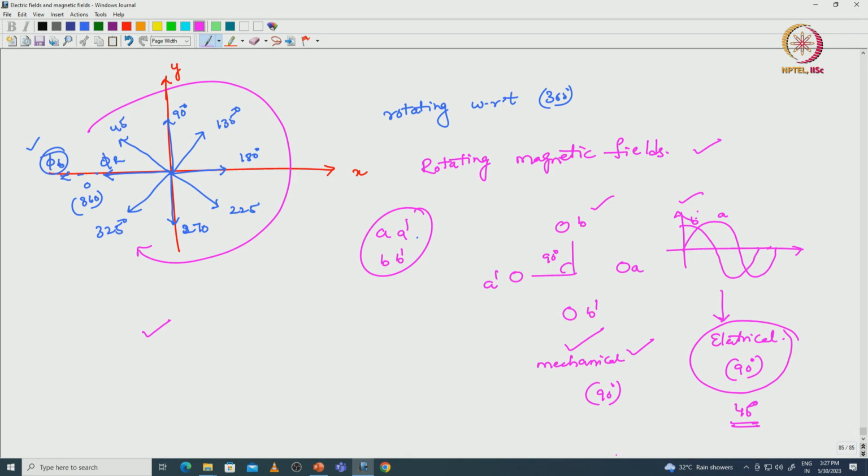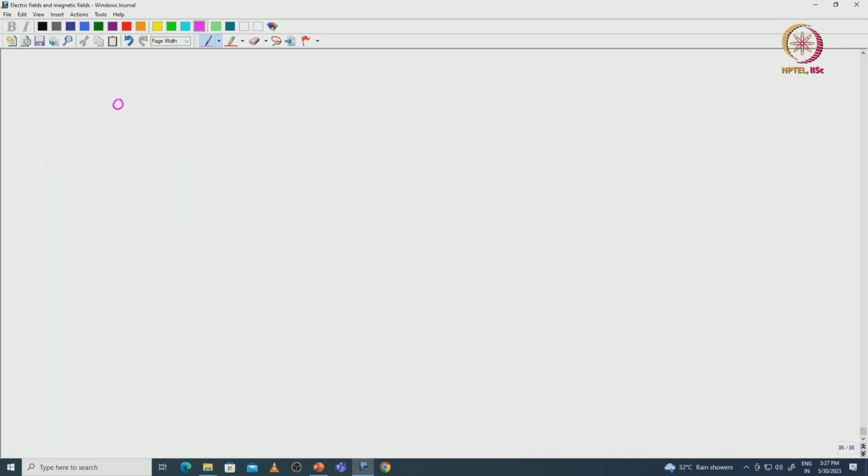Same analysis we can do by considering the different mechanical displacement also. Let us consider the same coil arrangement where A, A dash, B, B dash, these are the two coils mechanically displaced by 90 degrees, but electrically we are not exciting with 90 degrees displacement. Now we will see the excitation currents.